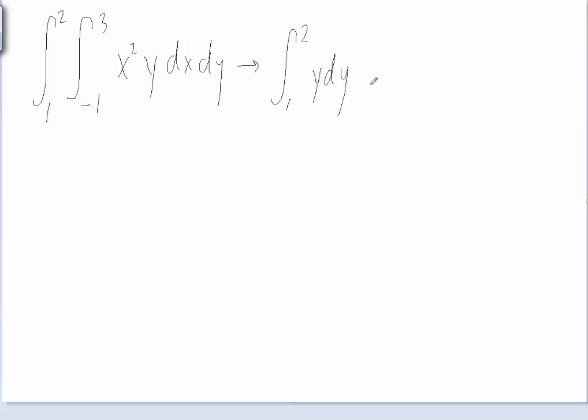What's going to be left will be the outer integral. And we're going to evaluate the integral from negative 1 to 3 of x squared dx.